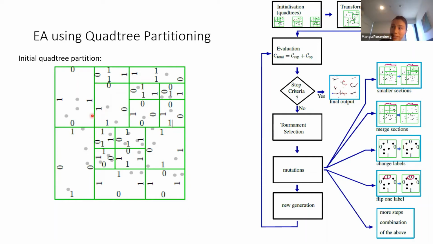By introducing these labels, we have another mutation that switches those labels on and off. So 0 and 1 stand for on and off.